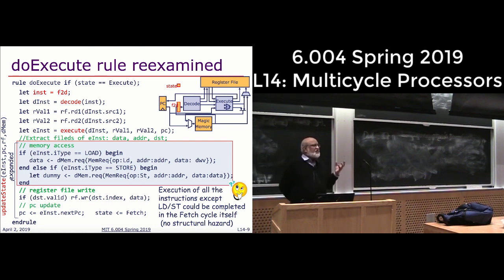We have to access the memory. If it's a store instruction, you'll go and update it. If it's a load instruction, you'll read it from the memory. And then you have already got the value from the execute, so you will store the value in the register file. So that's what this code is here.